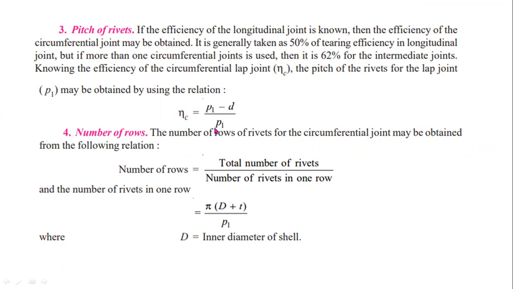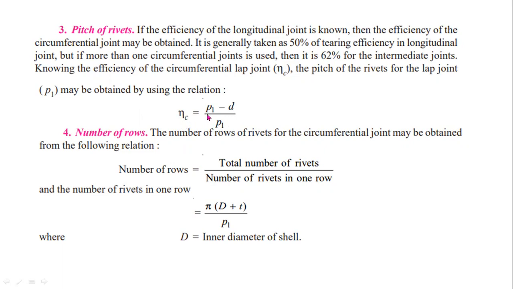But if more than one circumferential joint is used, then it is 62% for the intermediate joints. Now, Zeta C is the circumferential lap joint efficiency.